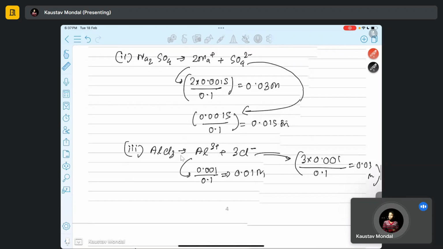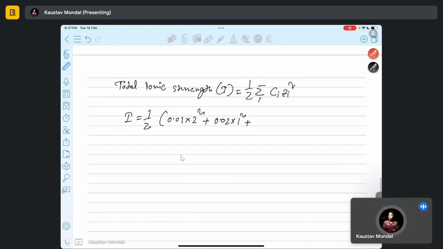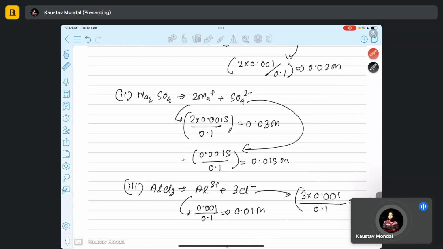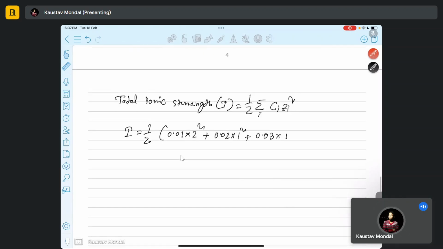Na+ has 0.03, and there will be just one unit of positive charge.